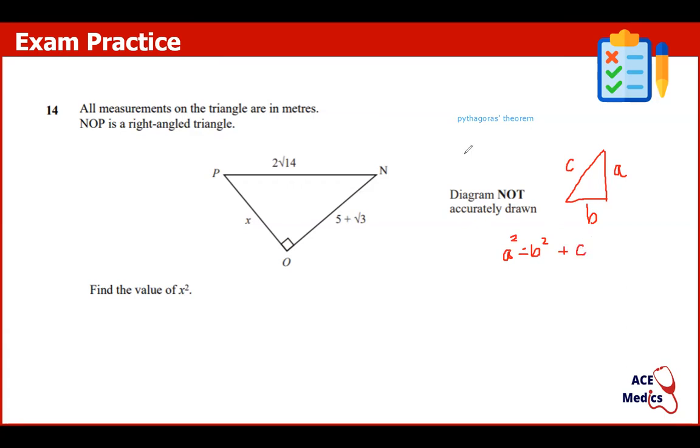I've done that all wrong. A squared plus B squared equals C squared. Now, it's our hypotenuse here, C. This can be A, this can be B. Now, we know C already, so that's not going to help us. We don't know B, but we do know A. So we're trying to work out what B squared is. So we need to do B squared equals C squared minus A squared. Does that make sense?